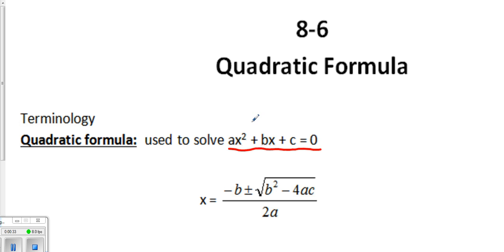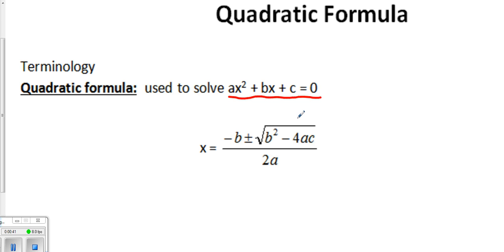Now, whatever the value of a, b, and c is, those can change, and those can be positive or negative. But if you can get it into this form where it's equal to 0, then the two solutions would be x equals negative b, so whatever this b value is goes right here, negative b plus or minus the square root of that same value b squared, so take that value multiplied by itself, minus 4 times a times c, so 4 times this number times this number.